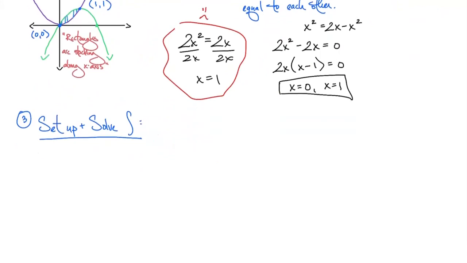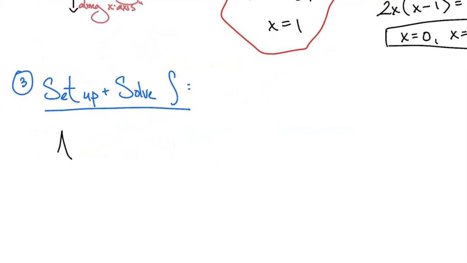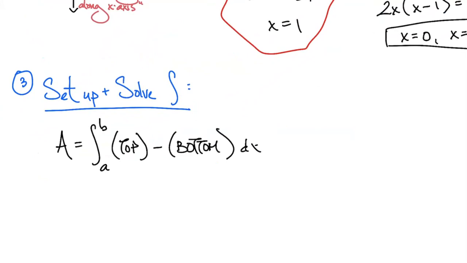And so what I'm going to do is write down the equation. Area equals the integral from a to b of the top function minus the bottom function dx.